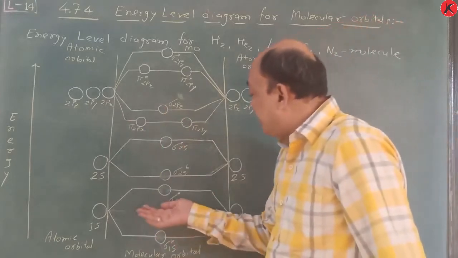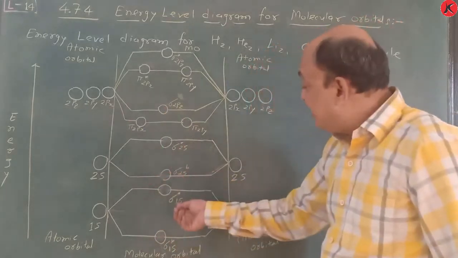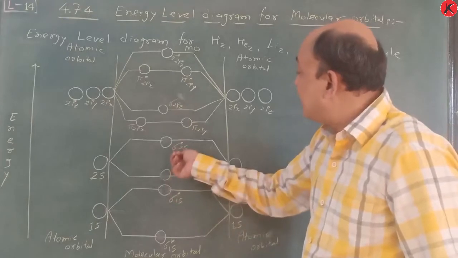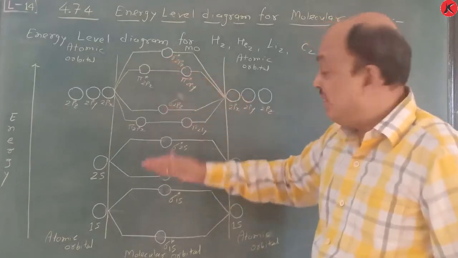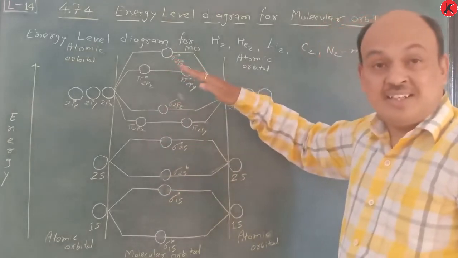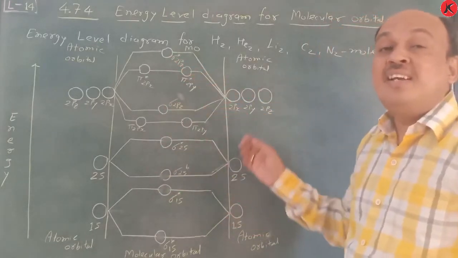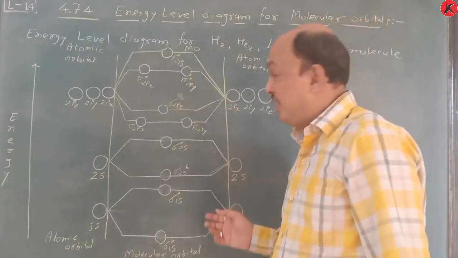In the same way, the higher energy ones, sigma star 1s, sigma star 2s, pi star 2p and sigma star 2pz, have higher energy, and that's why they are considered anti-bonding molecular orbitals.